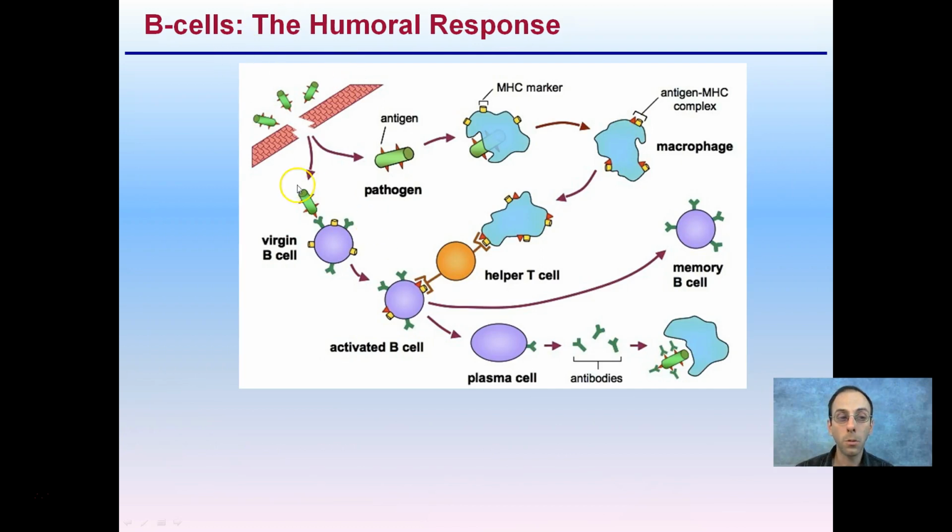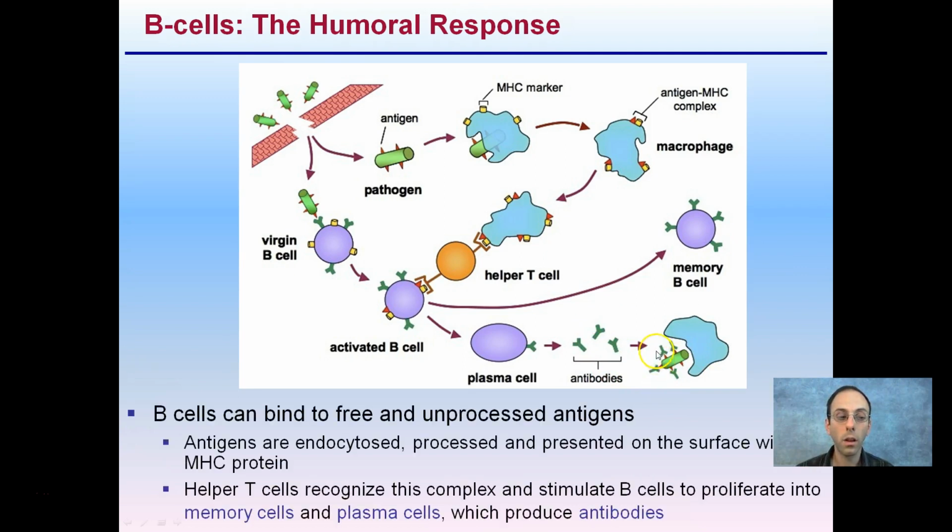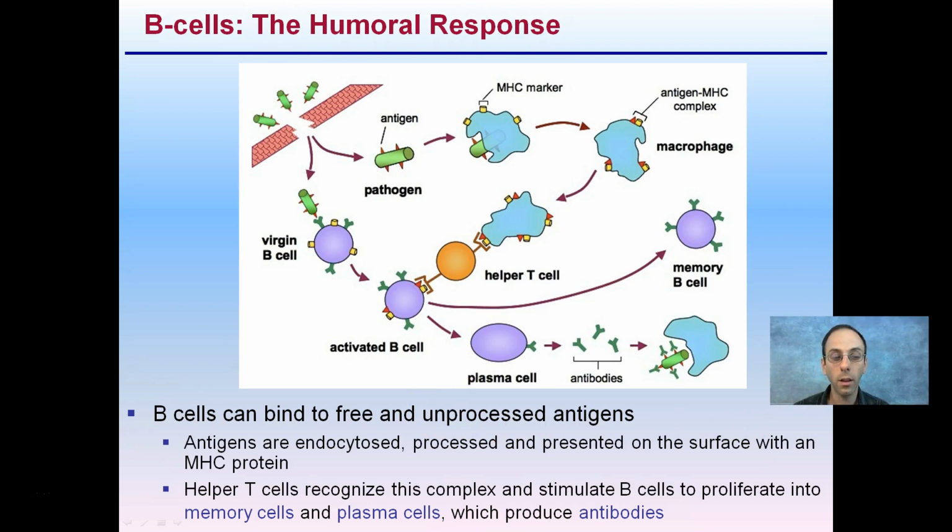Now, the B cells in the humoral response, a little bit more complicated here, but we do see our B cells becoming activated and then producing antibodies, marking this for destruction. Now, B cells can bind free and unprocessed antigens. These antigens are endocytized, processed, and presented on the surface with MHC proteins. Keep in mind, there's MHC markers there.